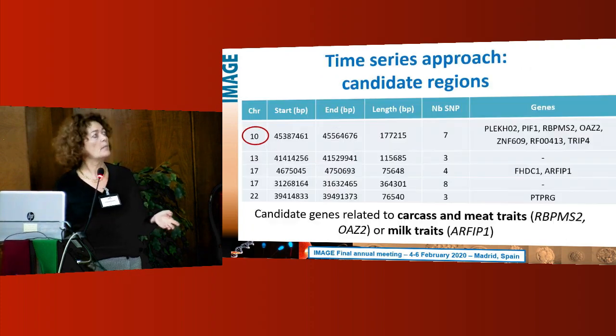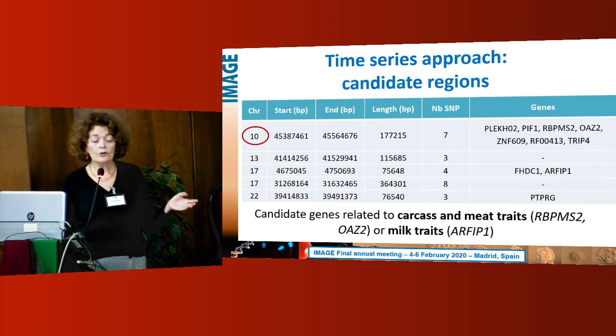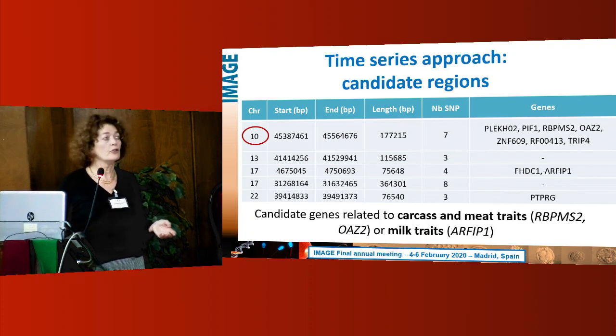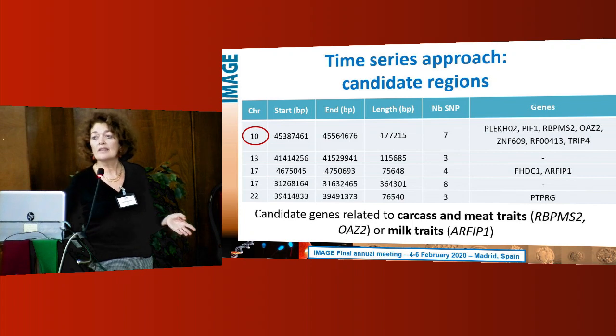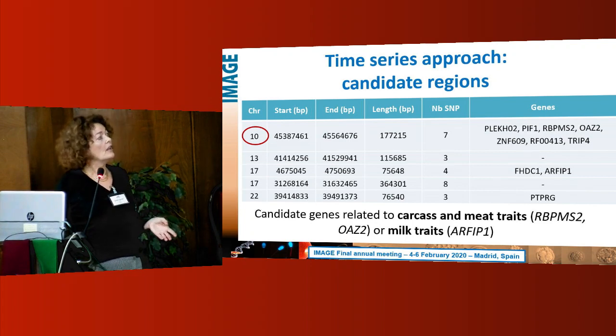Okay, in the third step, what we did was analyze with this time series model. The time series model uses all the generations, all the 35 years in intervals of 4 years, and we detected 5 significant regions.